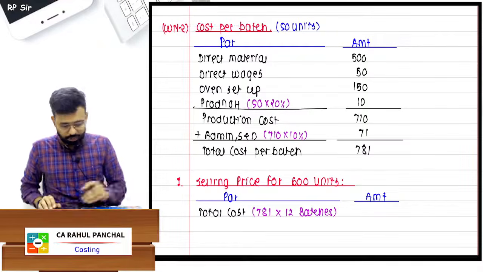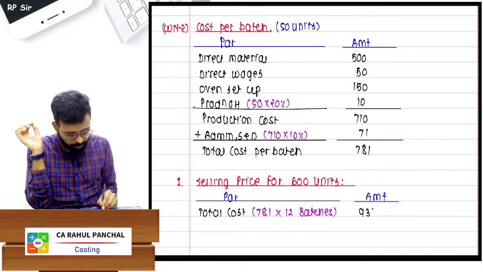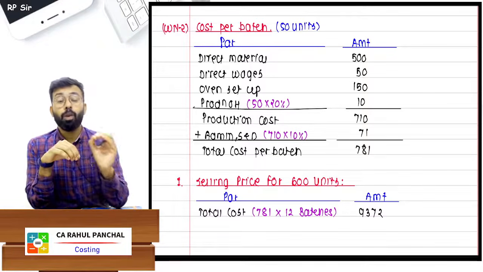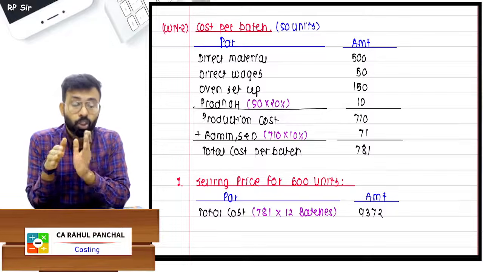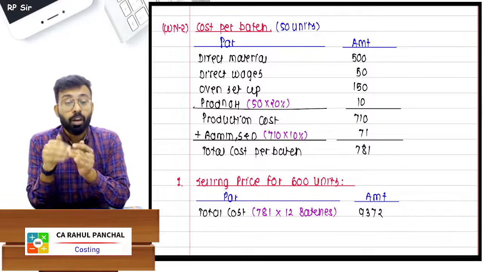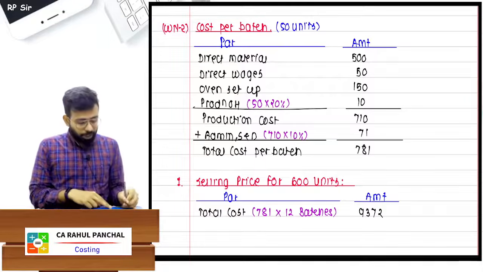So 781 multiplied by 12 comes to 9372. This will be the total cost which will be incurred in order to produce 600 units, or in order to run 12 batches.